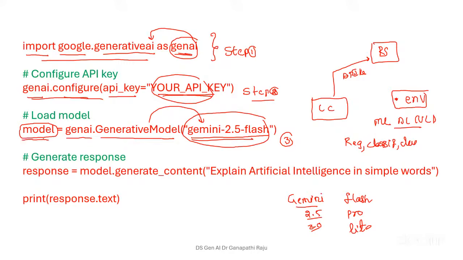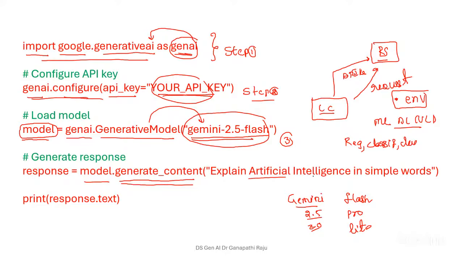Once you create an object of the model, then you are going to send a request. From your local computer, you are eligible to send a request to the remote server. It will be model.generate_content.